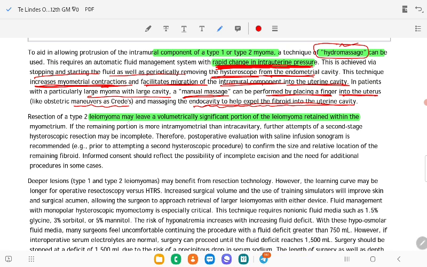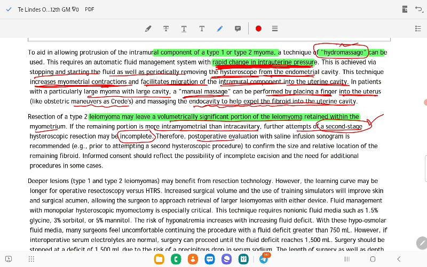In the resection of a type 2 myoma, a volumetrically significant portion of the myoma may be retained within the myometrium. If the remaining portion is more intramyometrial than intracavitary, further attempt is made at a second stage. If it is very big inside the myometrium, with so much intramyometrial component, you can plan a second stage rather than doing it in the same sitting, and inform the patient that resection may be incomplete.